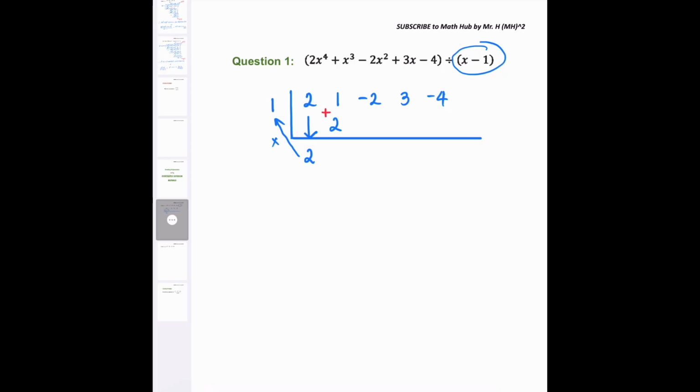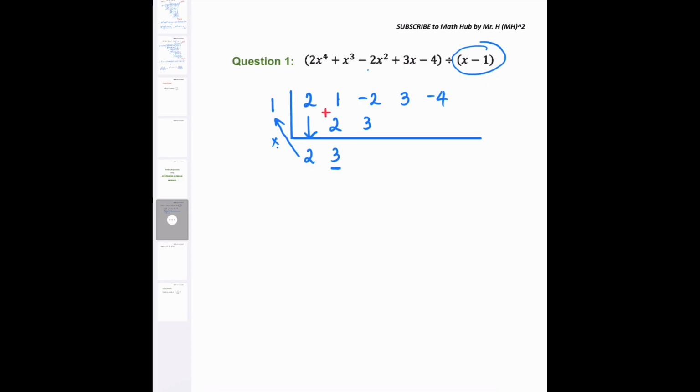So we're going to have 1 plus 2 is 3. Then repeat the process by multiplying positive 3 by 1. So 3 times 1 is 3. So we write the product under the coefficient of the third term, which is negative 2.